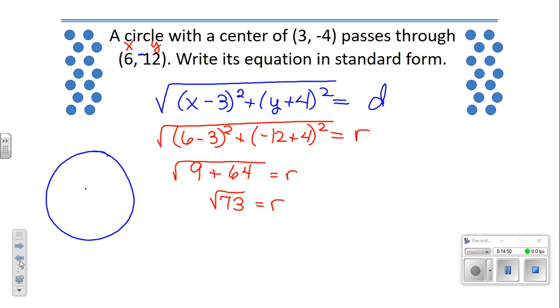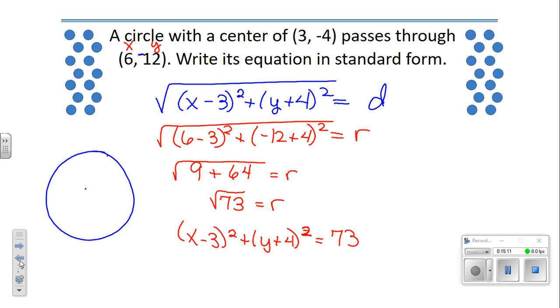So now to write our equation, we're back to this again, right? x minus 3 squared plus y plus 4 squared equals, we need to simplify the square root of 73? We're squaring r anyway, so you just get 73.